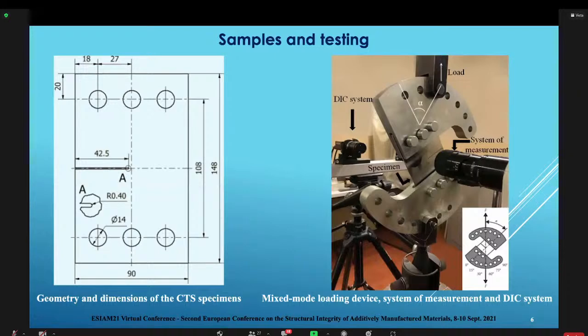In this kind of device, where the loading angle alpha is defined, we can perform different crack growth tests with different loading angles, and we measure the crack by an optical device, and also we measure the displacement of the crack with a DIC system that can be seen in the back of the photo.